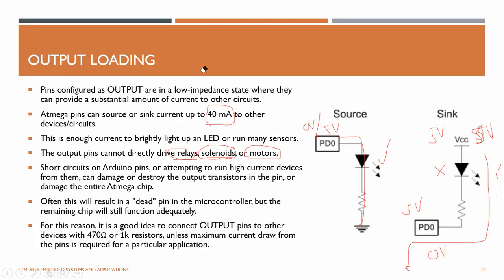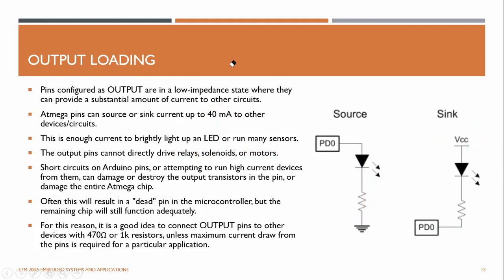And the thing is, somehow if you short circuit, like if you don't have this resistor or anything, let's say assume this is a configuration. Now you drive it as 5 volt.